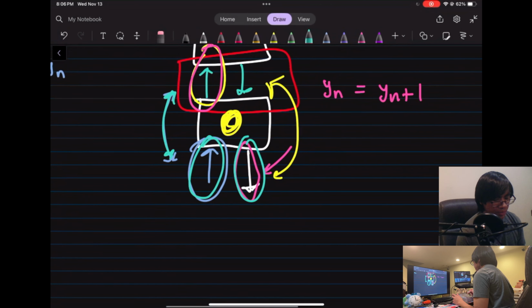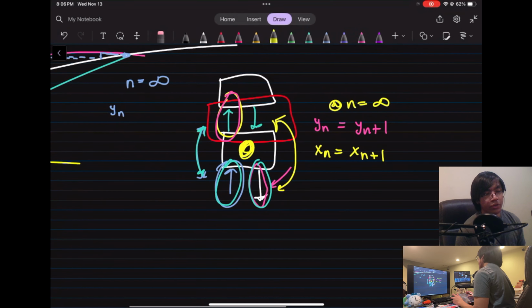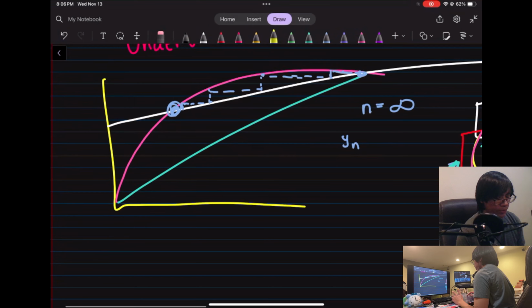So this vapor mole fraction is not different from the vapor mole fraction below, and the same is the case for the liquid mole fraction. This is at n equals infinity, so they're nearly alike, and we'll use that in determining this minimum reflux point.